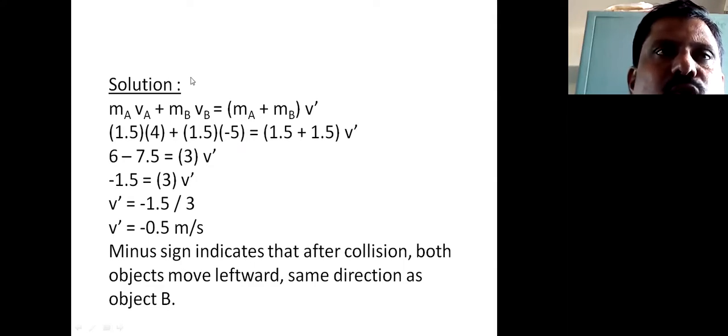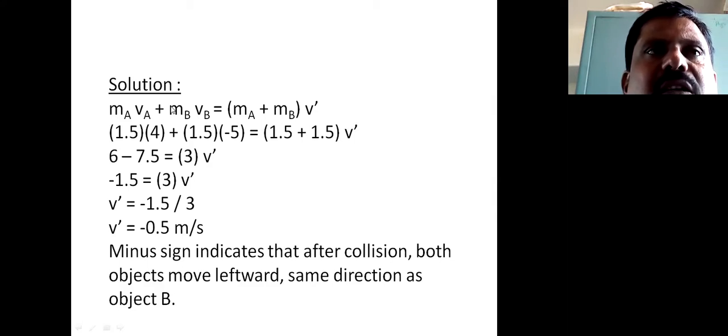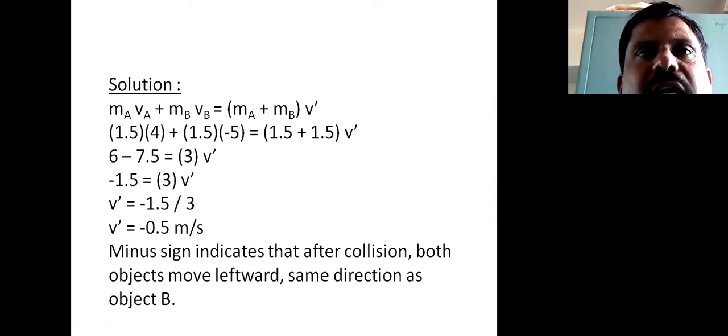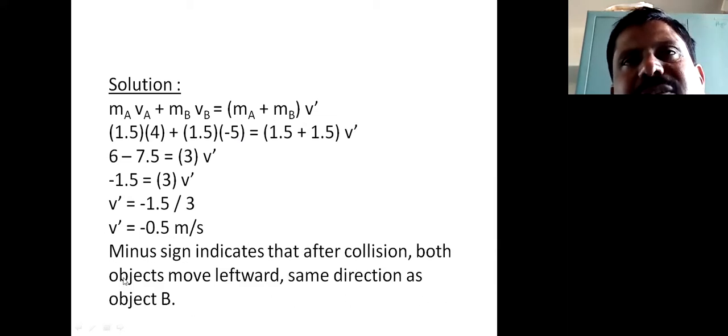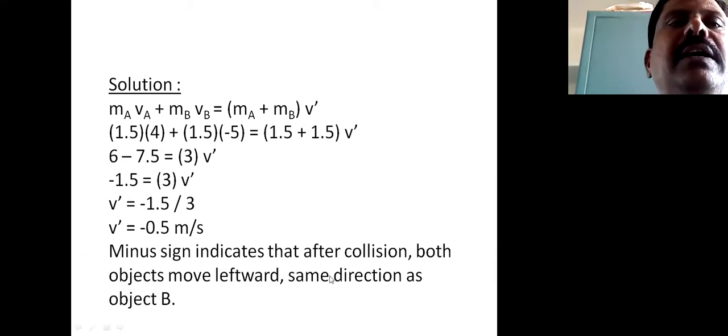After colliding, those two particles coalesce into a single mass. So the final velocity of those two objects is minus 0.5 meter per second. That indicates that after collision, both objects move leftward, the same direction as that of object B. Okay.